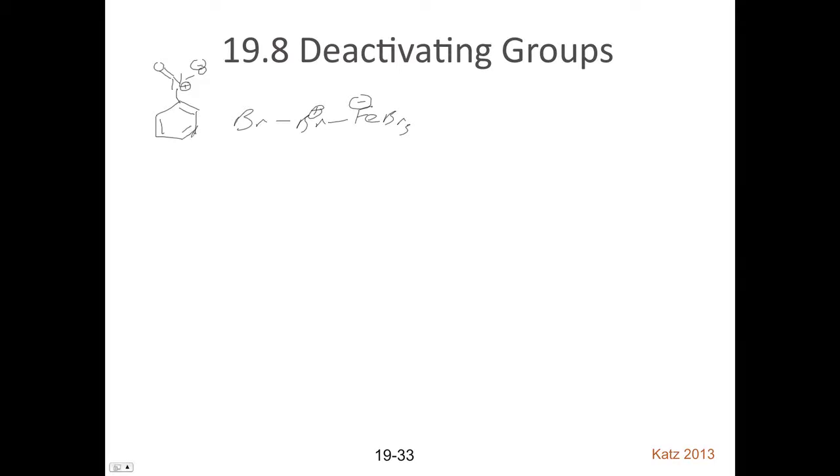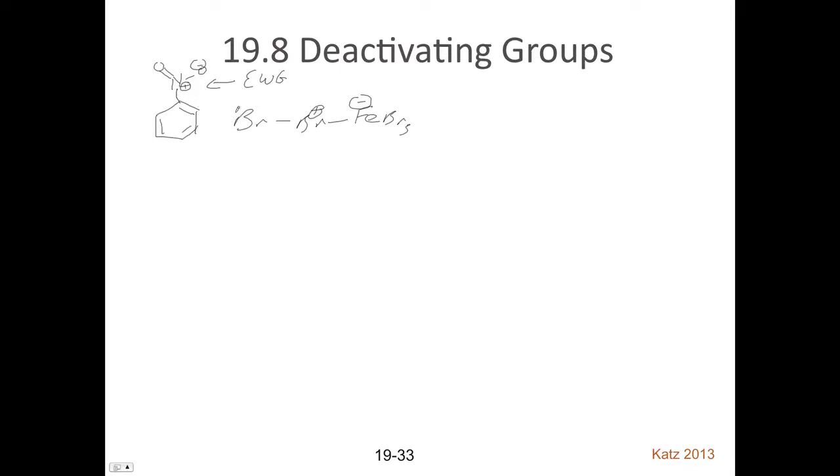Notice I'm putting my pen between the para and the meta, because I know this bromine has to go meta. I know because I recognize the nitro as an electron withdrawing group, or EWG. This pair of electrons swings out and grabs that bromine right there.